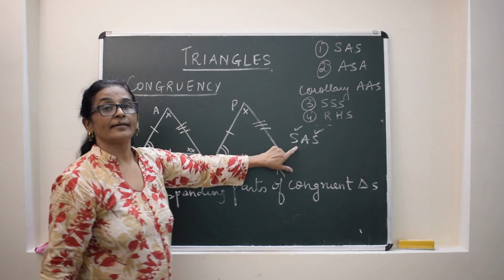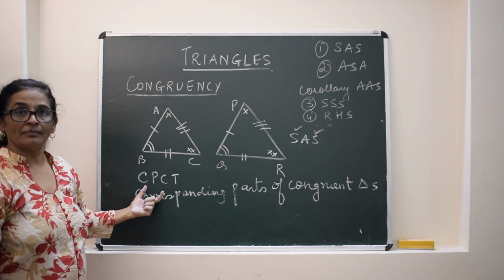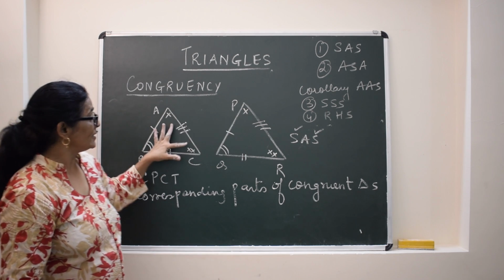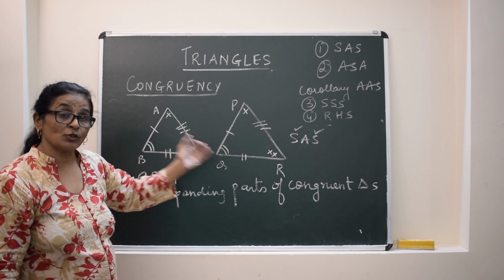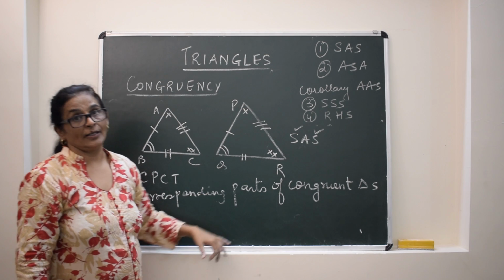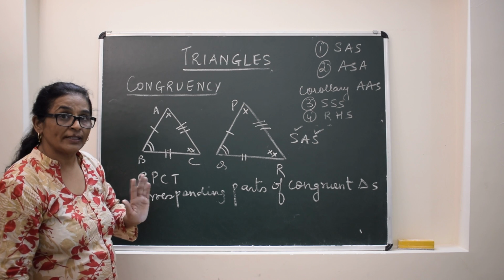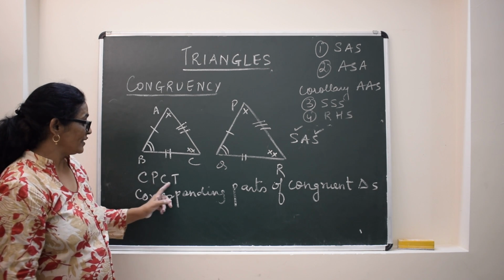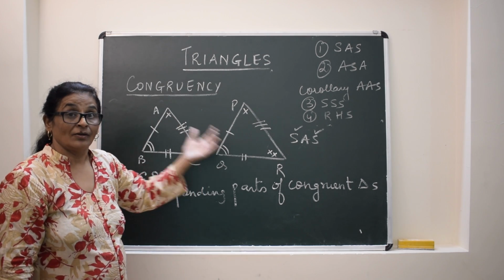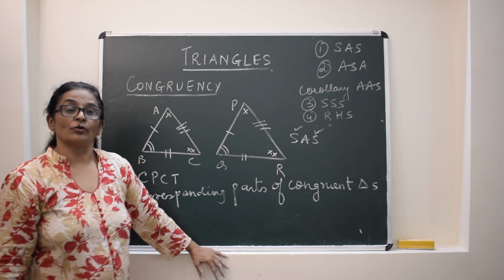That whatever criteria we have applied, other than that whatever is left out, those will become corresponding parts. So here one side and other 2 angles will become corresponding parts. So by CPCT, those 3 left out parts will also be equal. So many places you can see this CPCT. CPCT is not any theorem or axiom. CPCT is whichever three parts we have taken, other three elements will be equal by this concept called corresponding parts of congruent triangle.